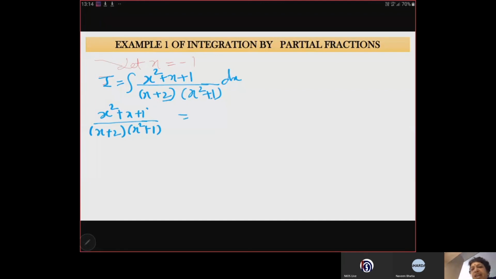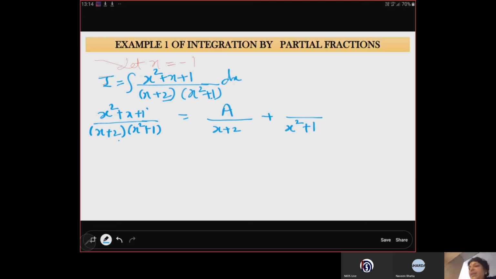Next thing, x plus 2 cannot be factorized further. Similarly, x squared plus 1 cannot be factorized further. So I would be writing two fractions, one with denominator x plus 2, the other with denominator x squared plus 1. Now, x plus 2 is linear, so what do I put in the numerator? A constant.